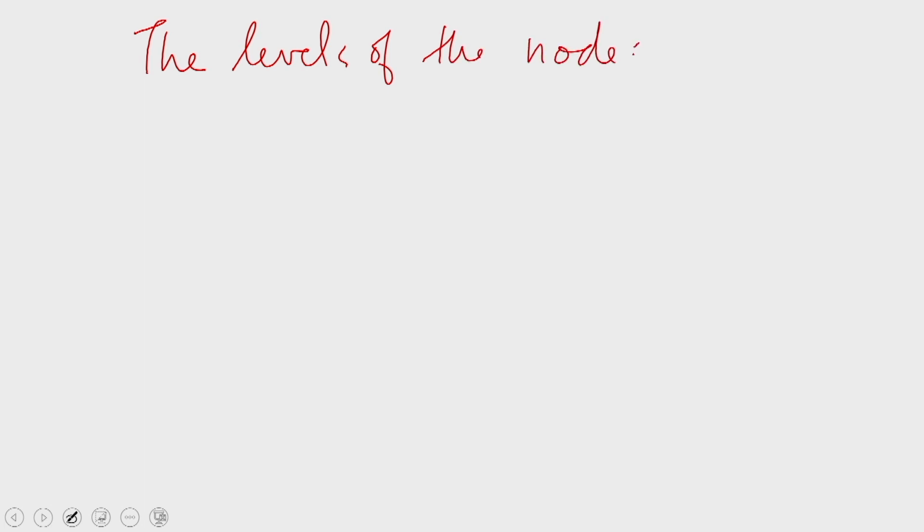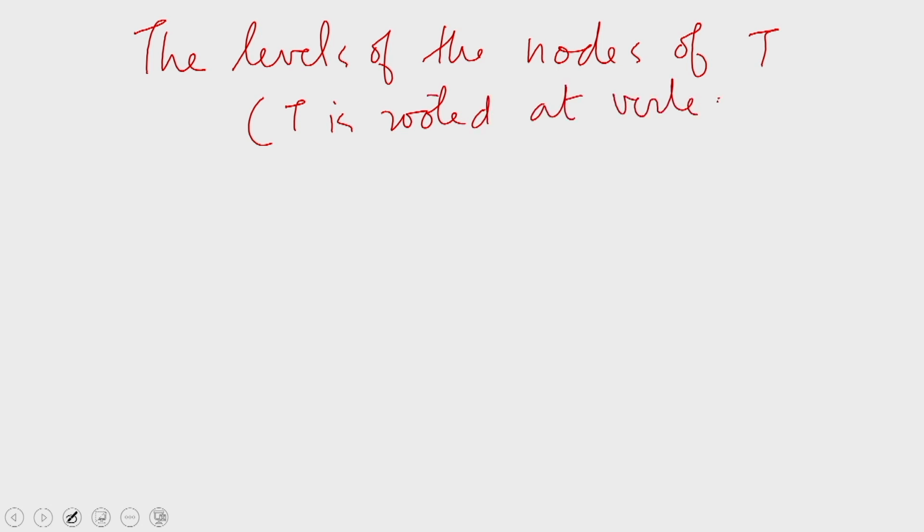Now, let us consider another problem. Let us say we want to find the levels of the nodes of T. So, here we assume that T is rooted at vertex V. So, the level of vertex V is defined as 0.